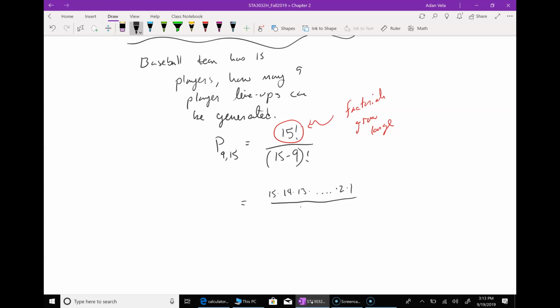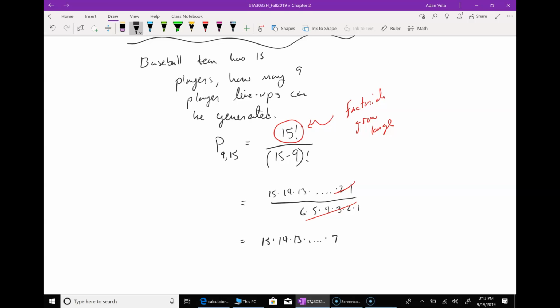And on the bottom, we're going to have, what's on the bottom? 6 times 7, oh no. 6 times 5 times 4 times 3 times 2 times 1. And so we're going to end up canceling a bunch of stuff on the top and bottom. And we're just going to be left with 15 times 14 times 13, all the way to times 7. Right?